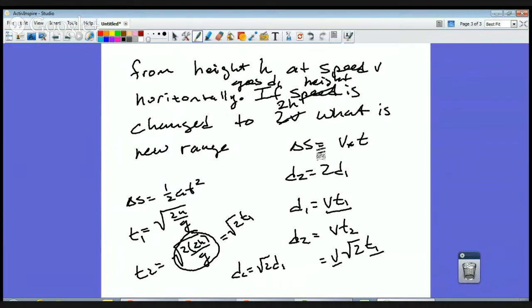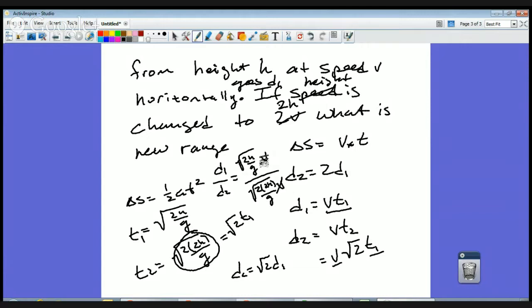The other way is to just divide. So d1 over d2 is equal to the square root of 2h over g times v divided by the square root of 2 times 2h over g times v.